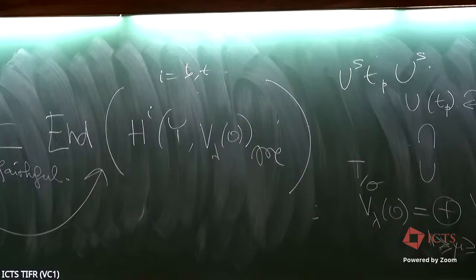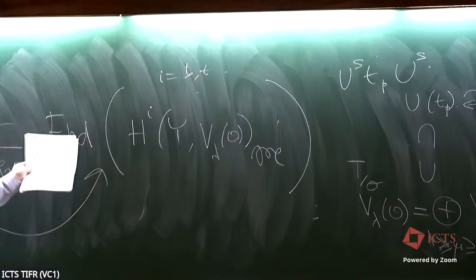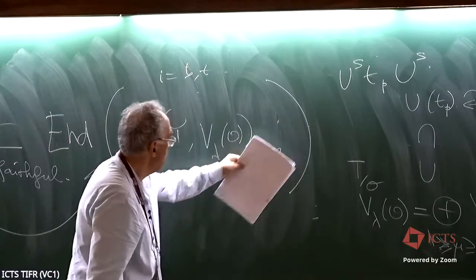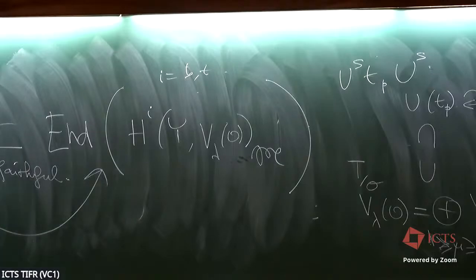First of all, it factors through the Hecke algebra acting faithfully on the cohomology, and then we localize at M this Hecke algebra.